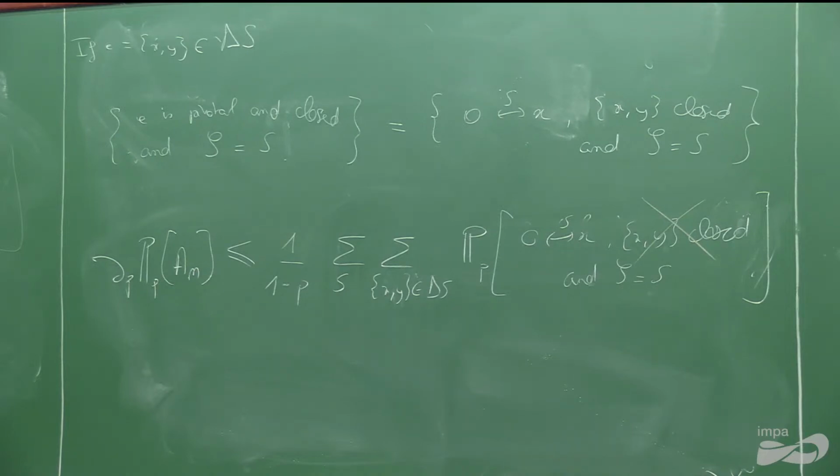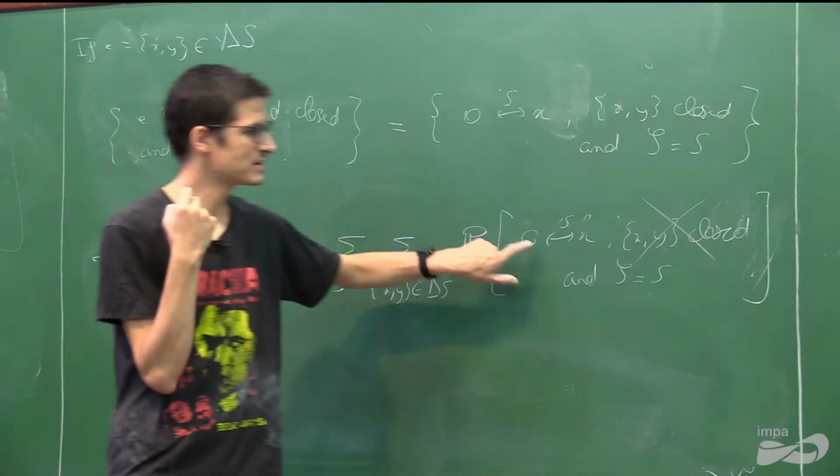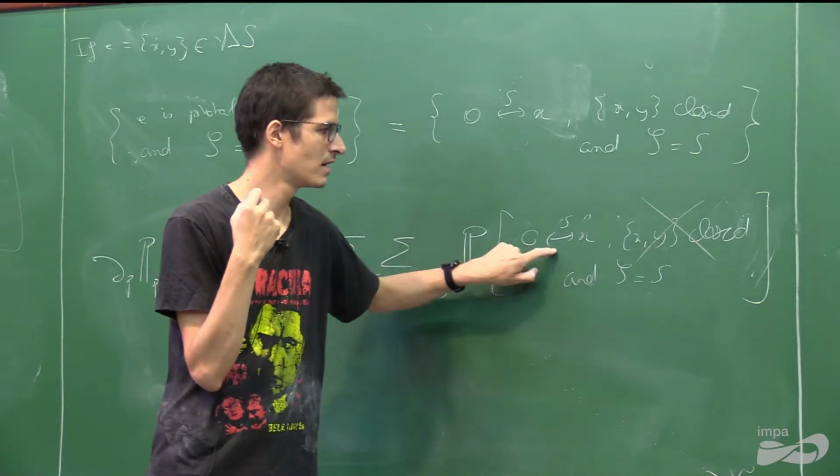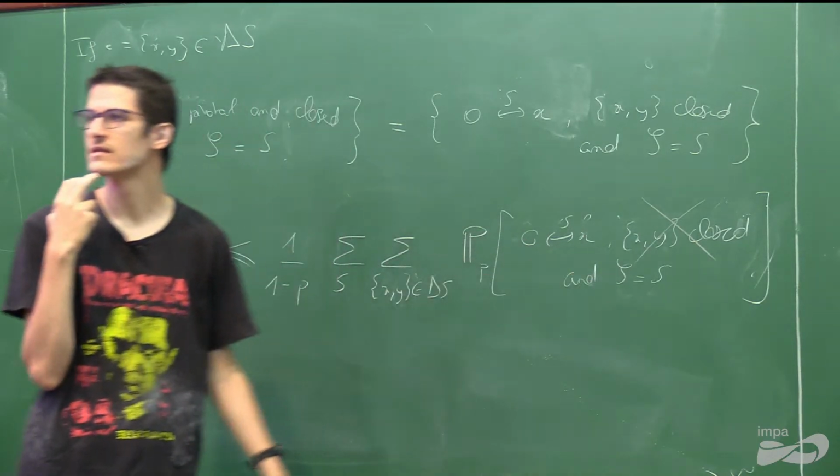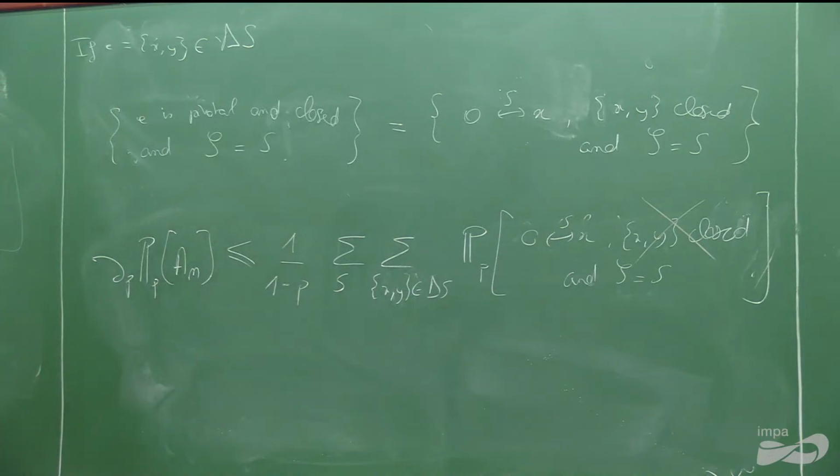Okay, so it looks like we are almost done, and we just need an observation to conclude, and the observation is that these two events here, they are independent. Okay, so why is it so?